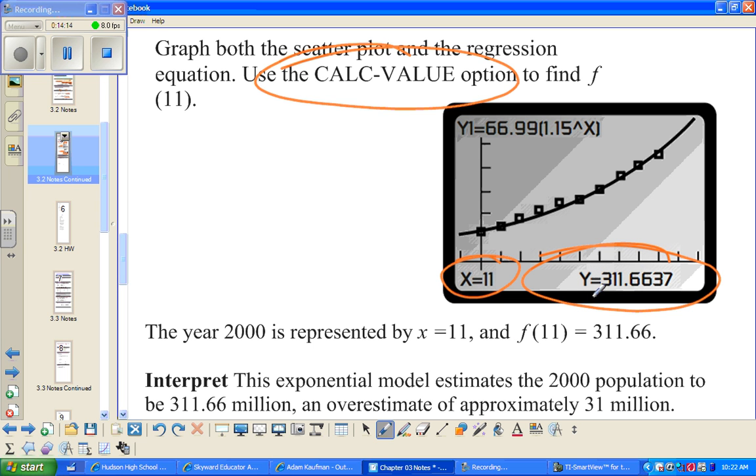What this means is the year 2000, the predicted population would be 311.66 million people.